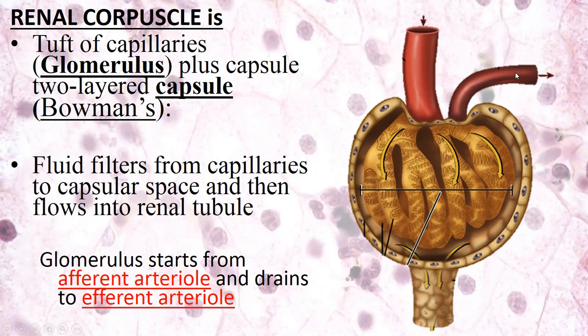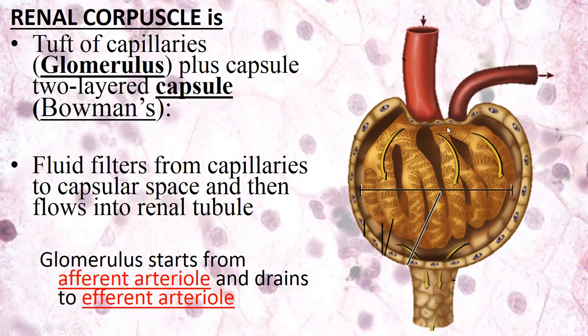And here we can see a very important feature of the blood supply. First of all, we have two arterioles. One is afferent arteriole, which carries blood to the capillaries. And also we have efferent arteriole, and all capillaries are located between two arterioles.